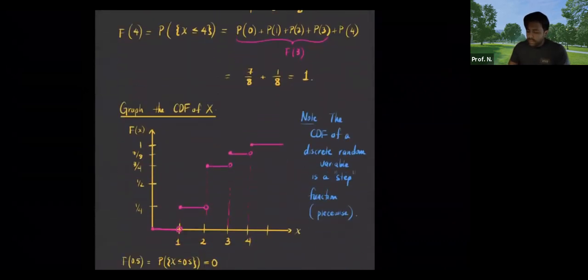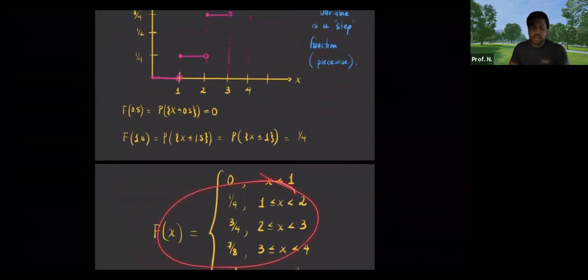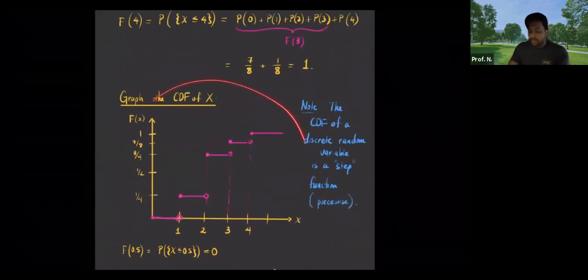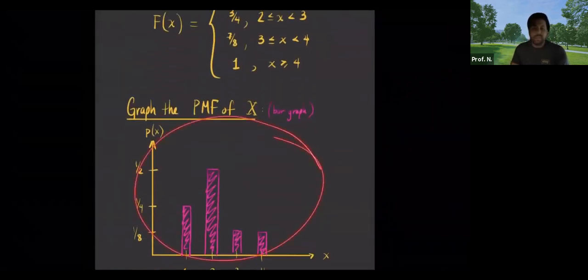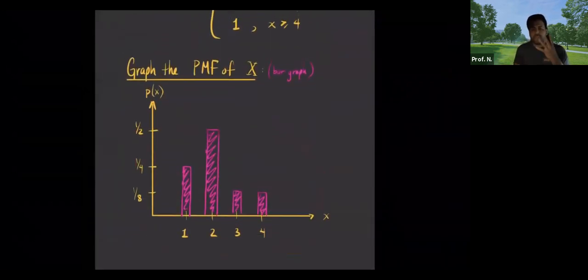The CDF can be written as a function. The CDF can be expressed as a graph, and the PMF can also be expressed as something visual. So these are 4 different ways that we can describe a random variable. And this becomes much more powerful when we have more complex random variables.